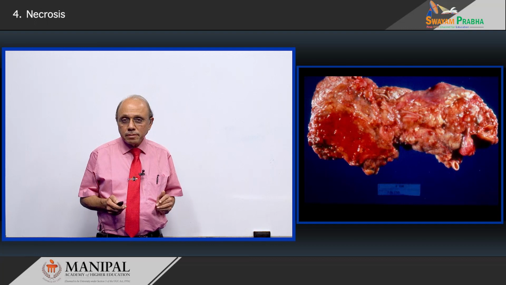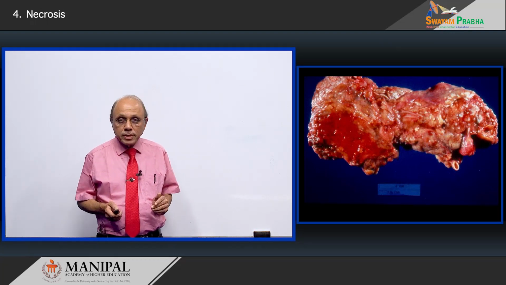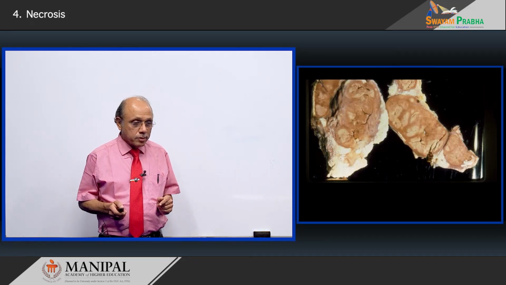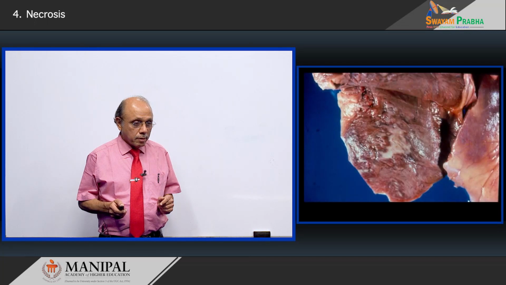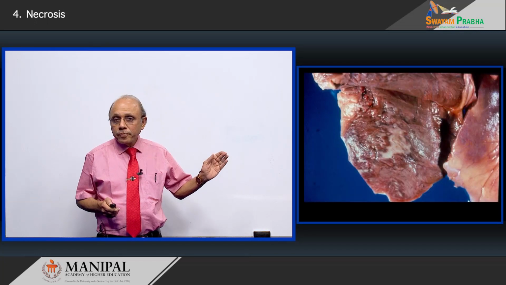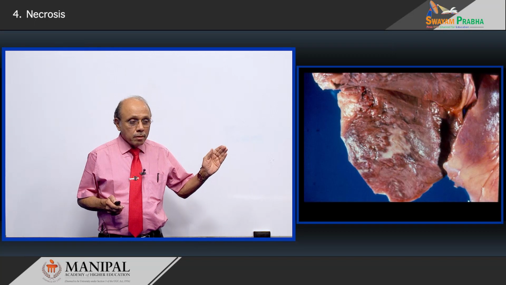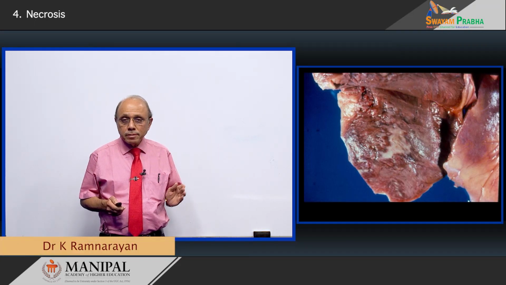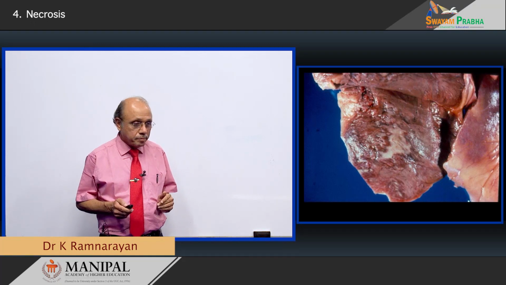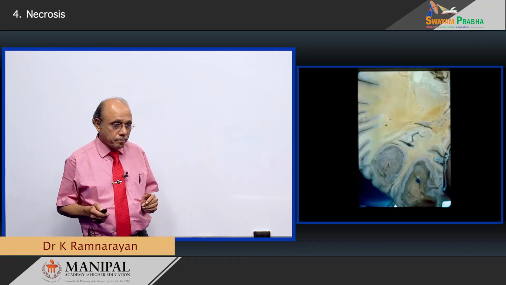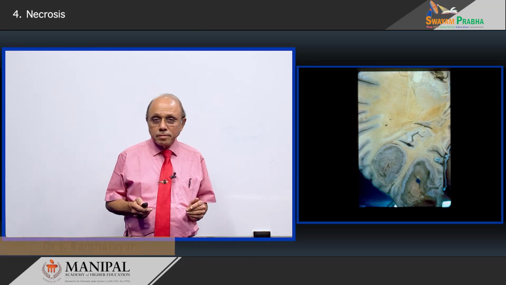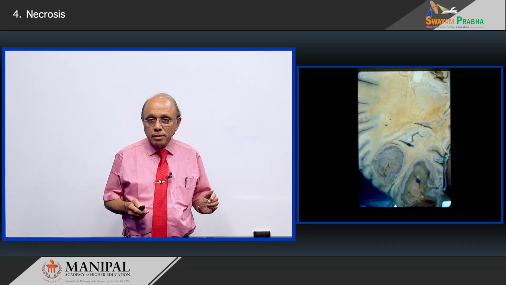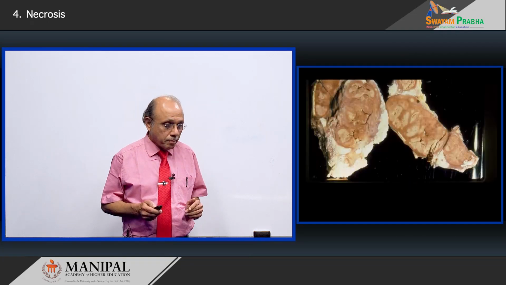I'll rewind to these pictures again for us to recapitulate, and then my question to you. Let us go back to the first one. First is a myocardium with an infarction, a myocardial infarction. Second is a brain with an abscess.